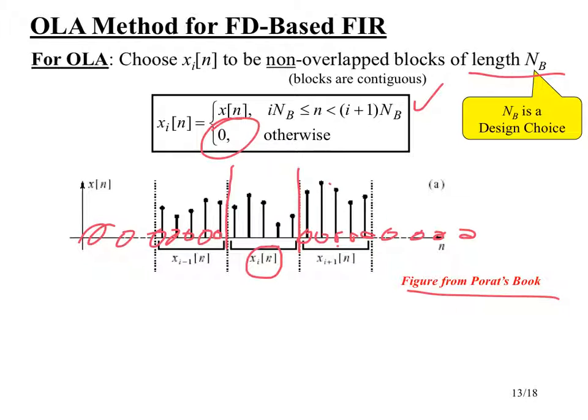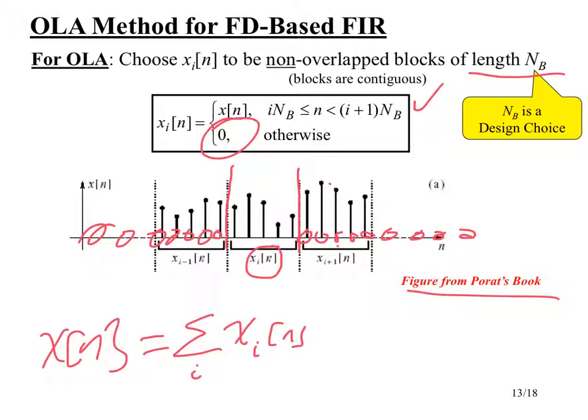So on the previous page, we had x of n equal to the sum over all the i of x sub i of n. So each one of these blocks is zero where the other ones are non-zero, and so it's pretty easy to visualize them all. Each one of these blocks lined up with no non-zero values overlapping, and then you add them all up, and it gives you exactly what you want.